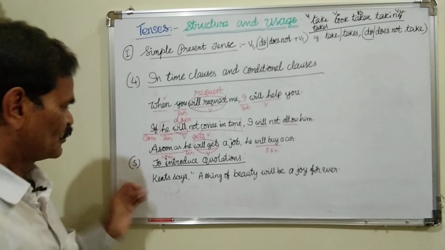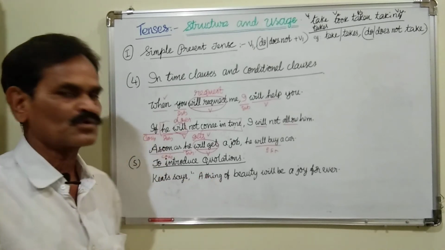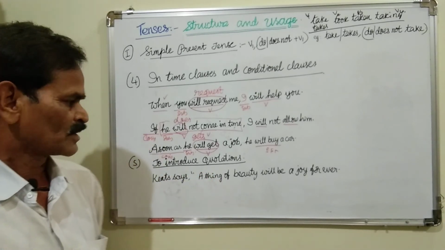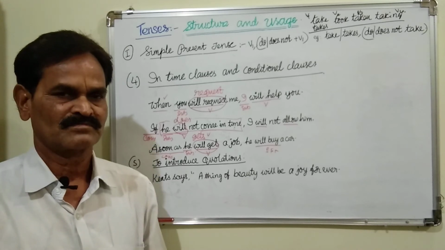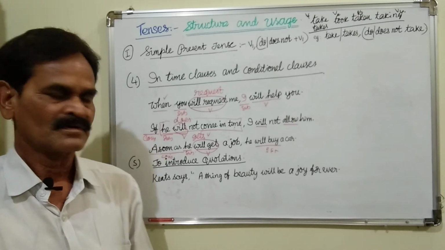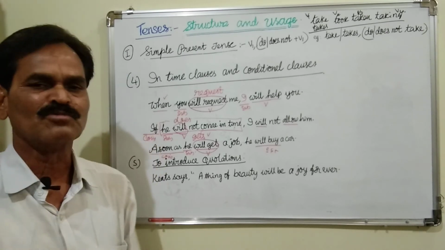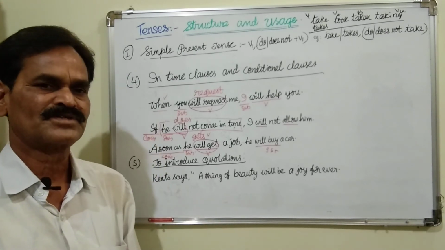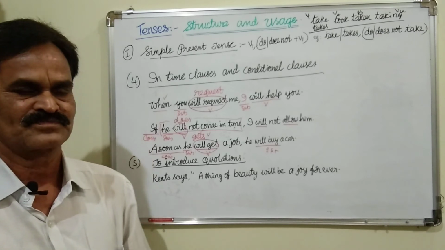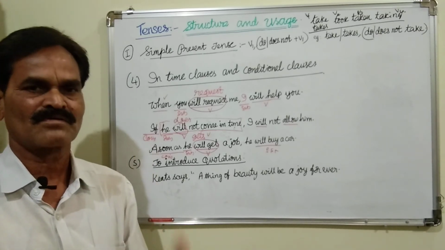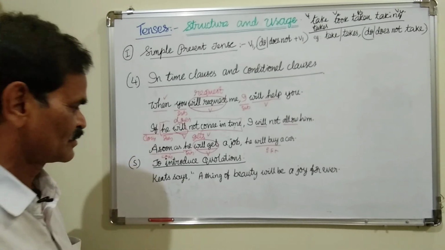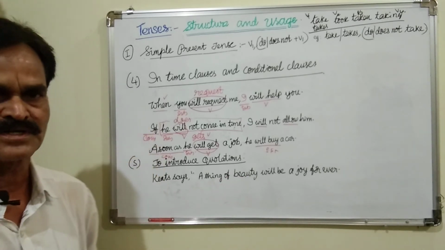And the fifth one is to introduce quotations, because some distinguished writers have said very valuable things. These valuable things, we refer to them, we quote them in our daily speaking or writing. This is what is called a quotation.